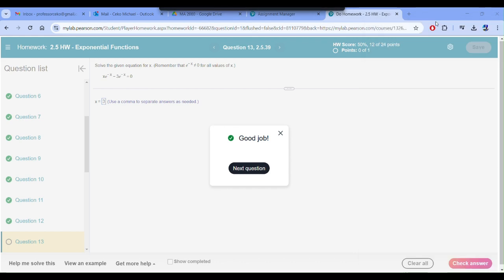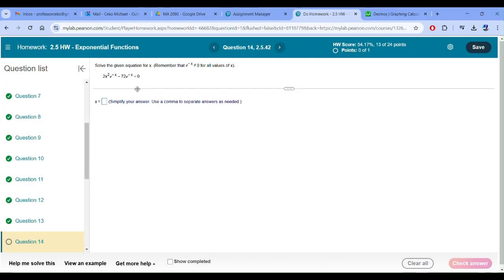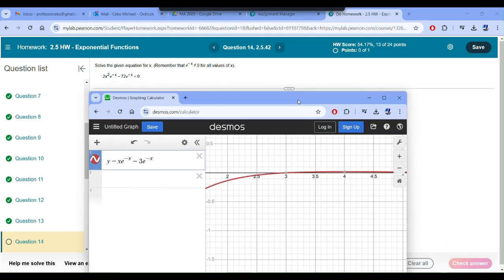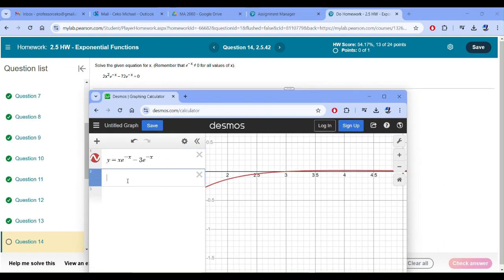All right, cool. Let's put that back. Next question. Here we're pretty much going to do the same exact thing, right? What I'm going to do is bring decimals back out. I'm going to factor it, so it's going to be 2x squared minus 72x, and then in parentheses they both have e to the negative x, is equal to 0.